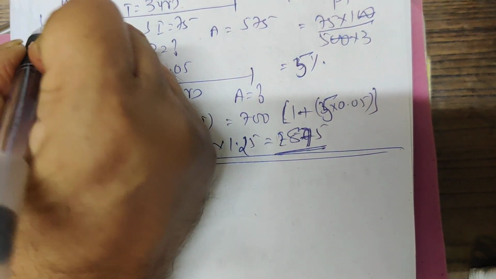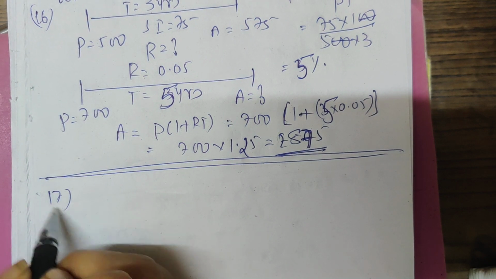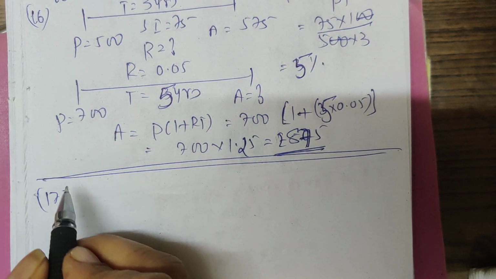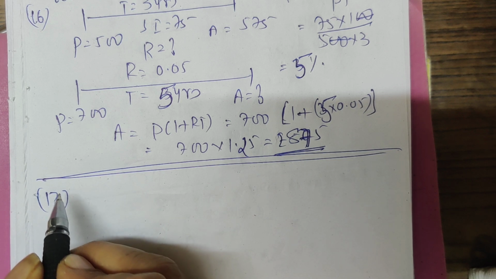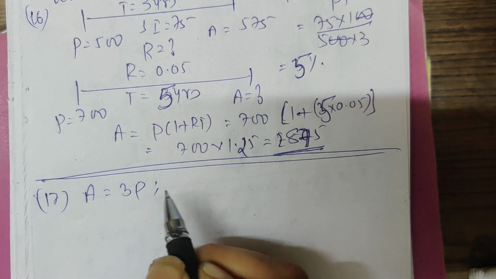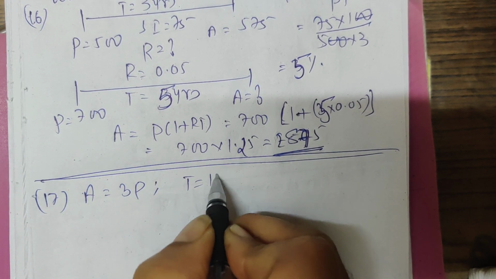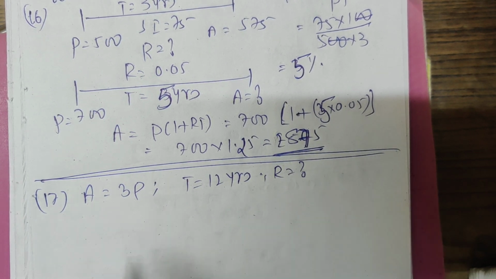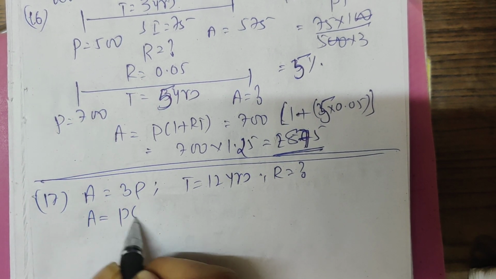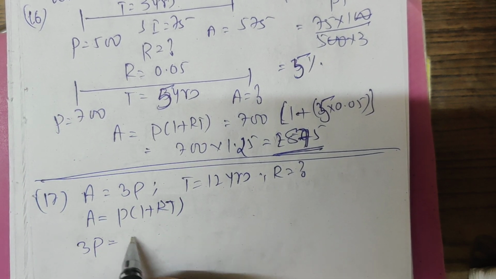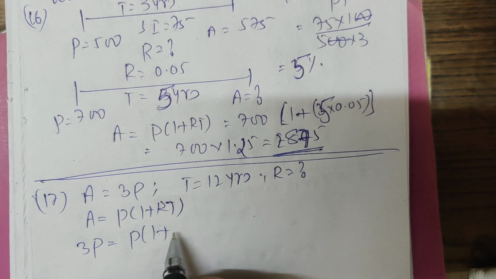17th question. A sum of money becomes 3 times in 12 years by simple interest. Amount is equal to 3p, time is equal to 12 years, r is equal to question mark. Amount is equal to principal into 1 plus RT, 3p is equal to p into 1 plus 12r by 100.